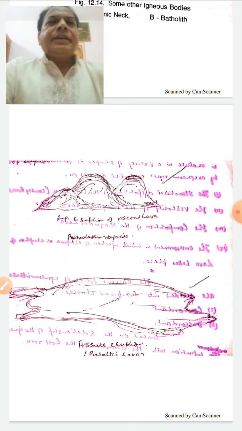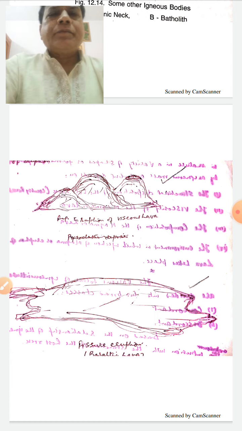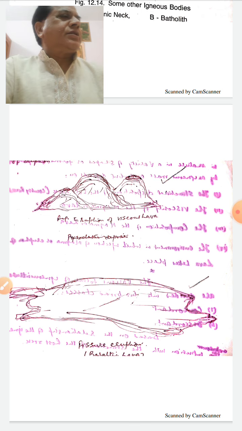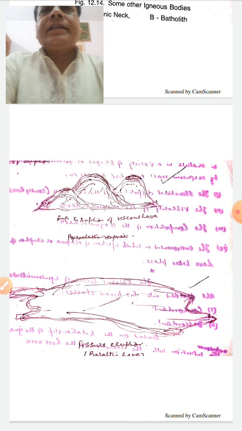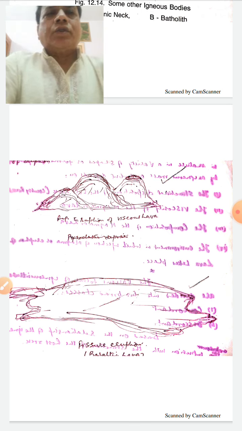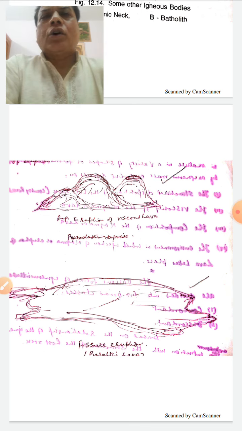Now we can divide the various forms of igneous intrusions into two broad classes. First, the forms for the extrusive rocks. You all know the extrusive igneous rocks are formed by the flow of lava or deposition of ash over a pre-existing surface. The contact surface between the two rock types is therefore irregular.